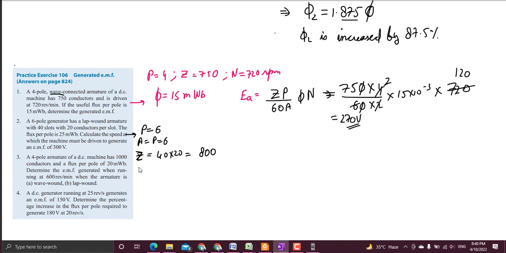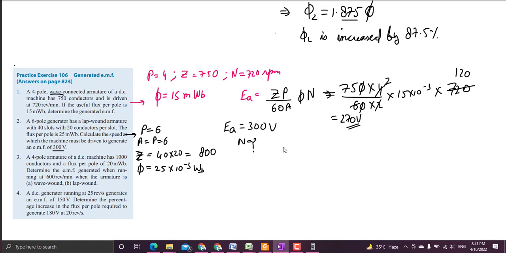The flux per pole phi is 25 into 10 to the power minus 3 Weber, 25 milliweber. We have to calculate speed N, if the generated EMF EA is given as 300 volt.